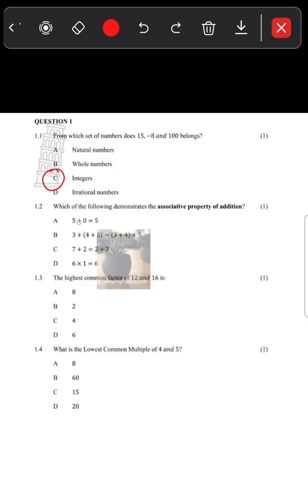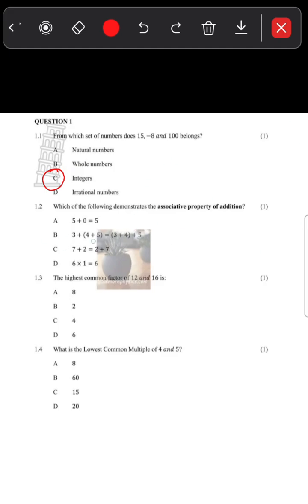Okay. And then 1.2, they say which of the following demonstrates the associative property of addition. Right. So the associative property of addition states that it doesn't matter how you arrange your values on each side of the equal sign. At the end of the day, after calculations, you have to get the very same values on each side.